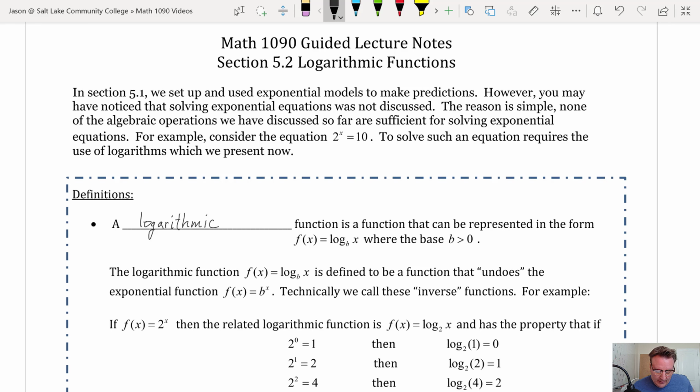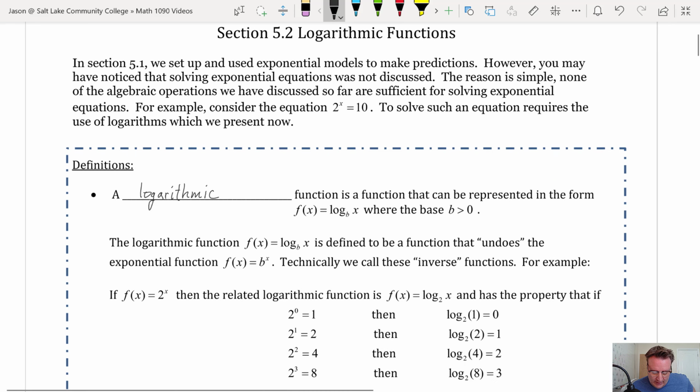So the first definition: a logarithmic function is a function that can be represented in the form f of x equals log base b of x, where the base b is some number greater than 0. And typically, the base won't be 1 either. Using base 1 is kind of boring, right?